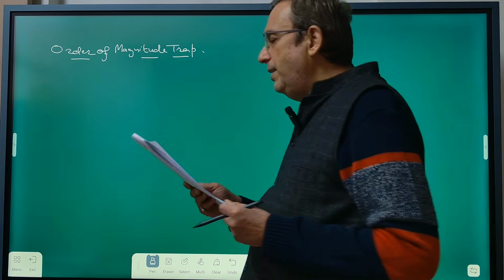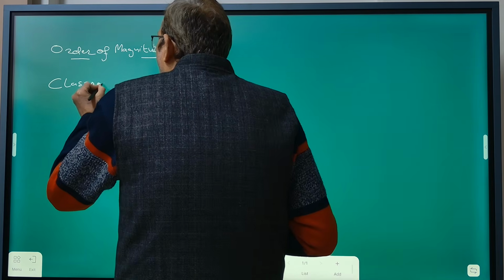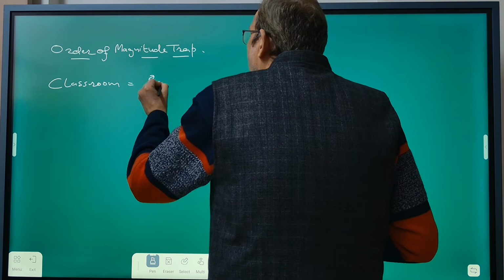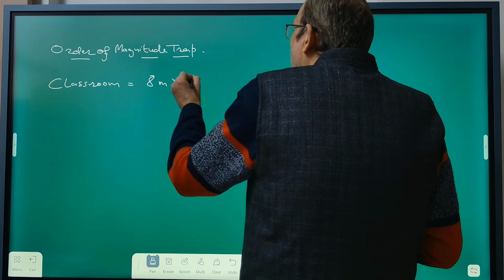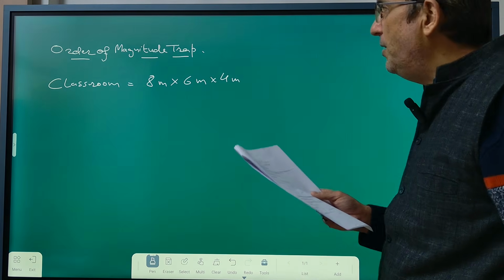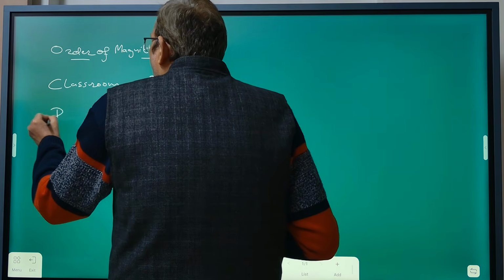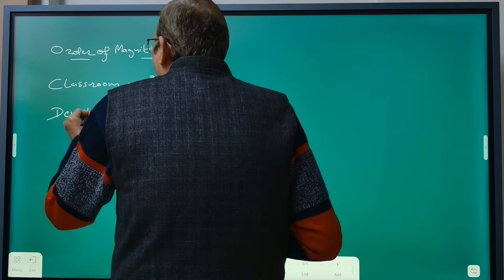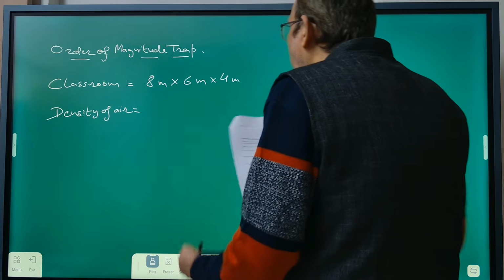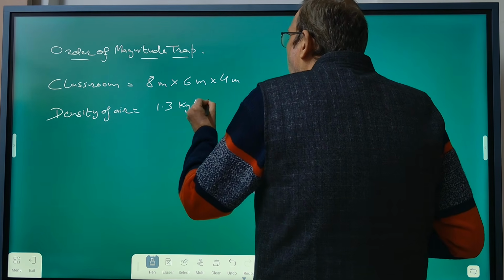So let us say it is given that you have a classroom of dimension 8 meters into 6 meters into 4 meters. So this is the dimension of a classroom, and the density of air is given to be 1.3 kg per meter cube.